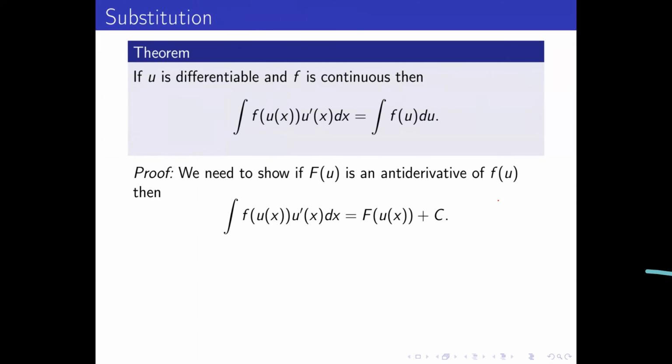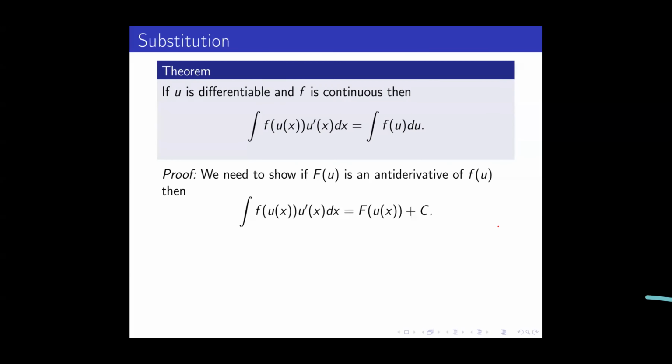That is pretty easy to check, because all you have to do is differentiate these things and see if f(u(x)) u'(x) is what you got. And that is exactly what we will do.